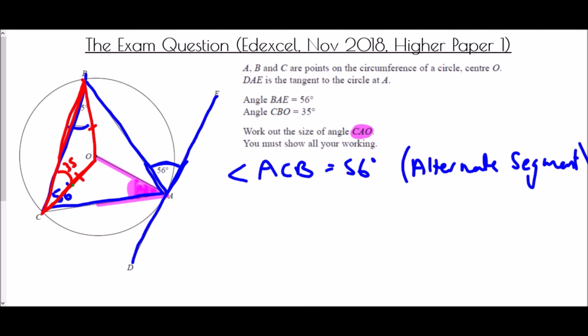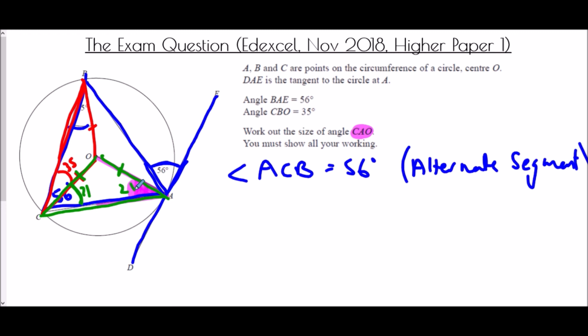Well, it's important because it tells me what this angle is, OCA. If the total angle was 56 and the angle that we've already marked is 35, then we are left with 21 degrees extra. Now if we have a look, what we also have is another isosceles triangle, because again we are dealing with the radius, and so the angle here must also be 21.